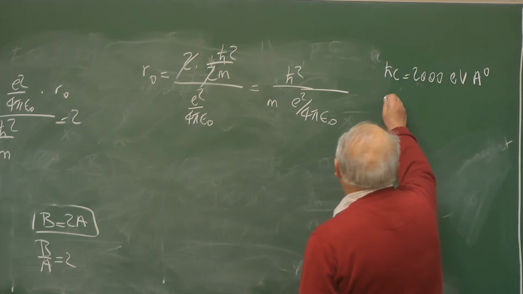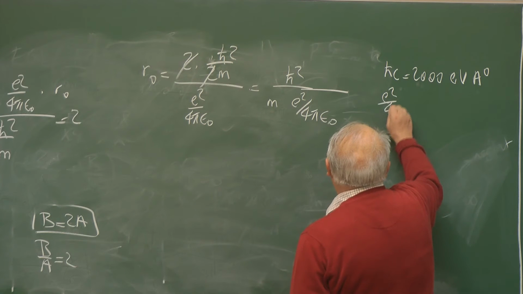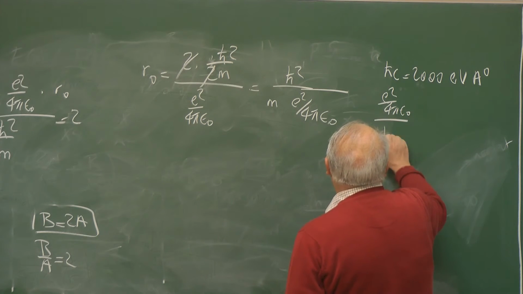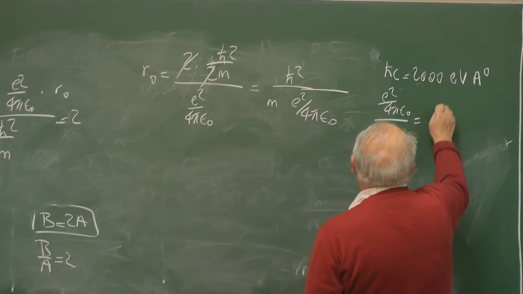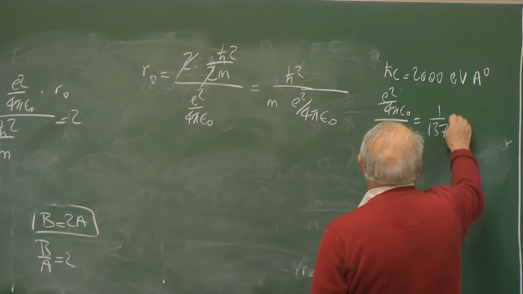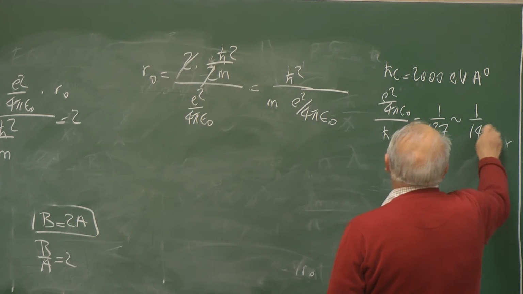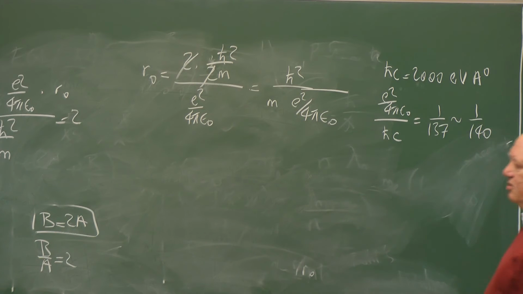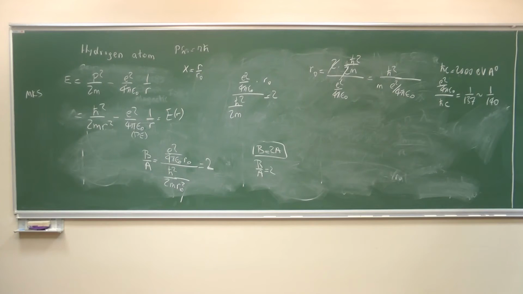And then e square over 4 pi epsilon 0 over h bar c is 1 over 137, which we will use as 140. We may take it also 1 over 150.